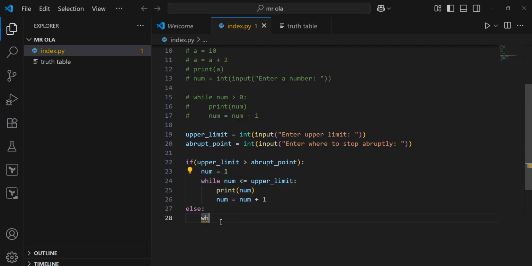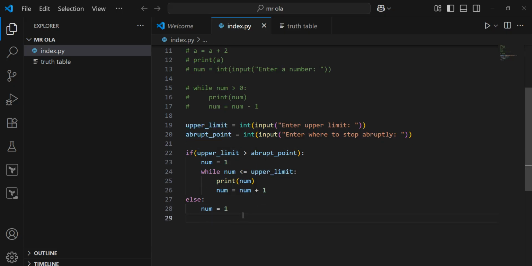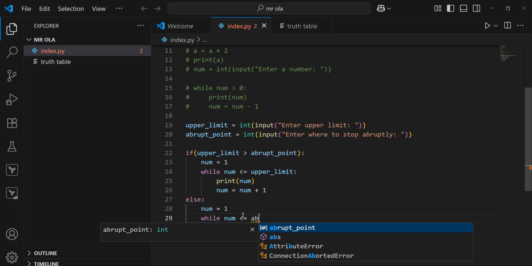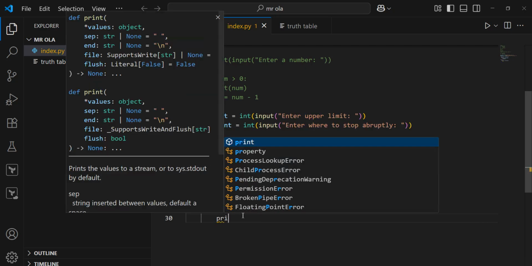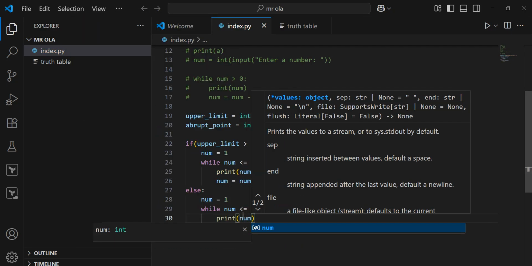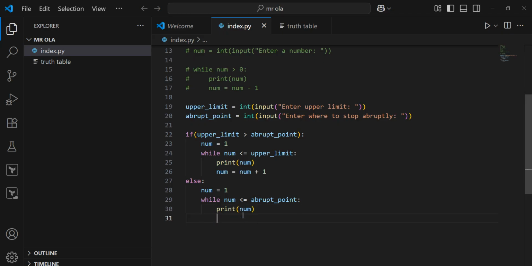The only difference is that instead of the upper limit, we use the second number: while num is lesser than or equal to the second number, print num. Num equals num plus 1.